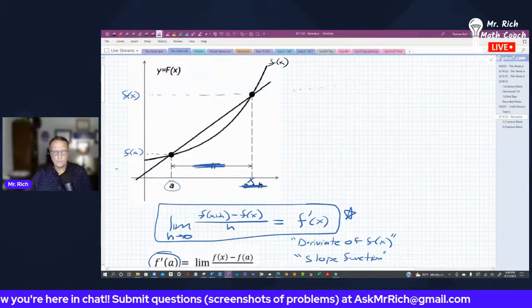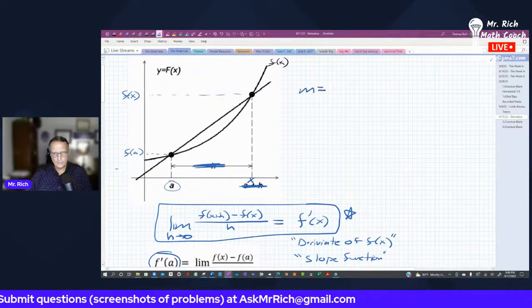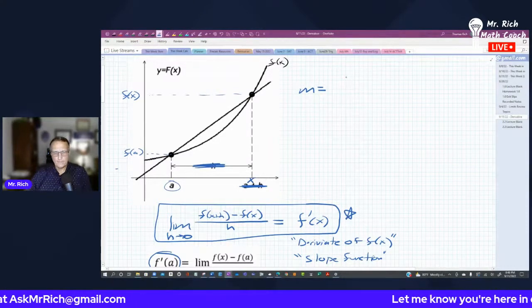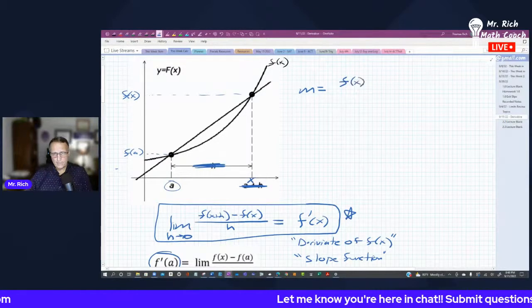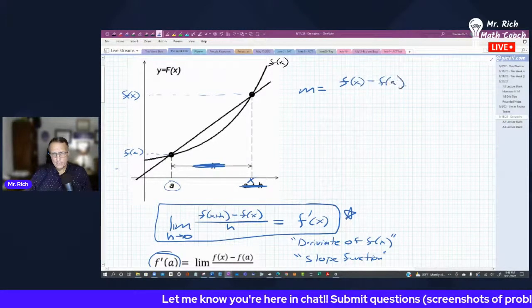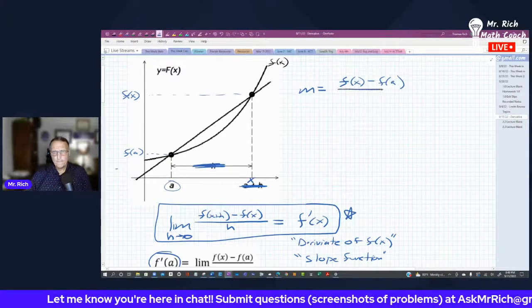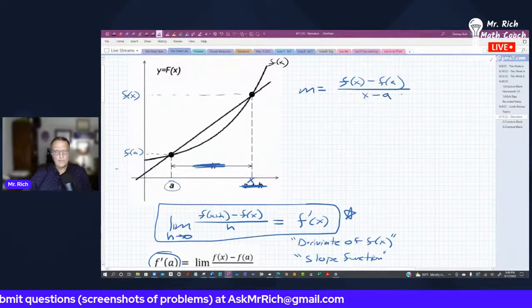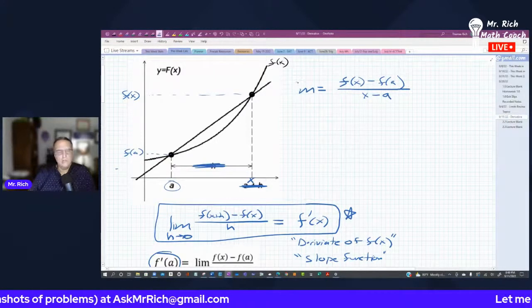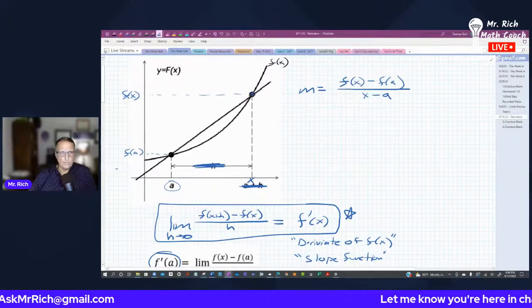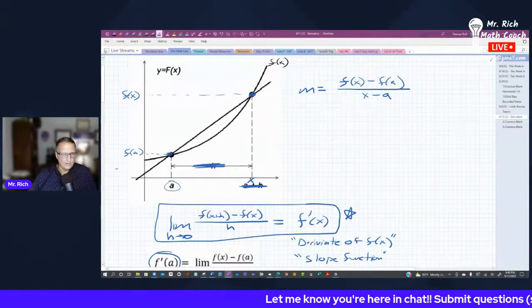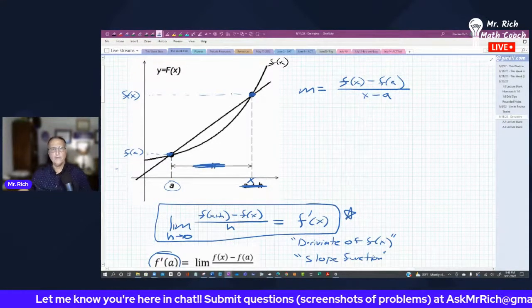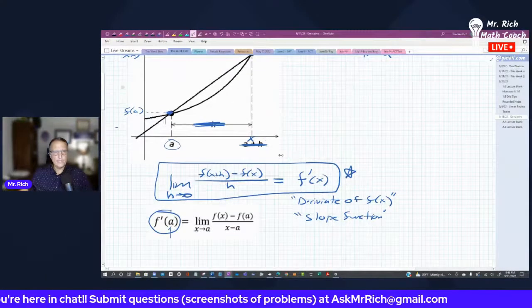Now I'm going to write the equation for the slope of that secant line. Well, in the top I have f of x minus f of a. That's the difference between my two y values. And then down here I have x minus a. But now if I want the point here to move down and get infinitely close to this point to convert that secant line into a tangent line, then I'm going to let x approach a.